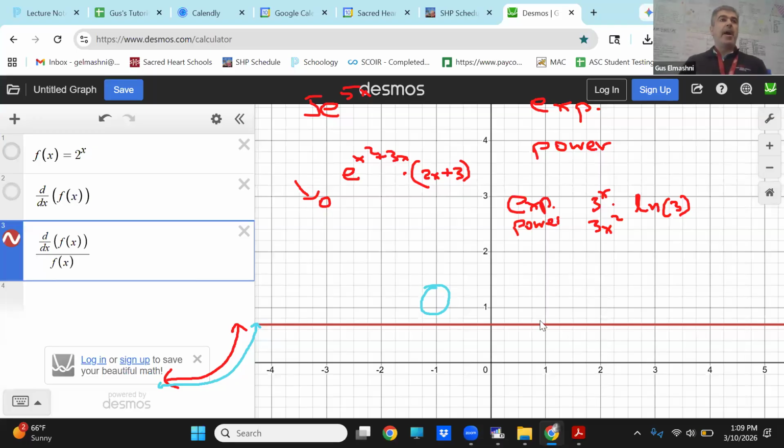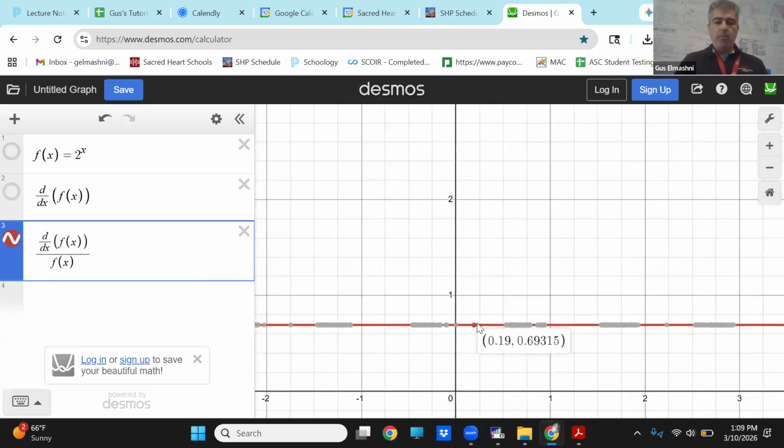So what did I just do? I graphed the ratio of the derivative to the original function, right? d dx of f(x) over f(x). What is it producing for me? A straight line. And if you think about it, what are the y-coordinates of all these straight lines? 0.693, right? That was precisely what I got for my y-intercept for the derivative.